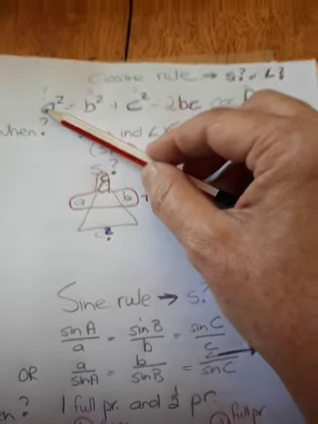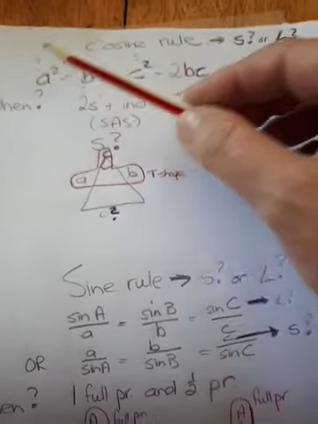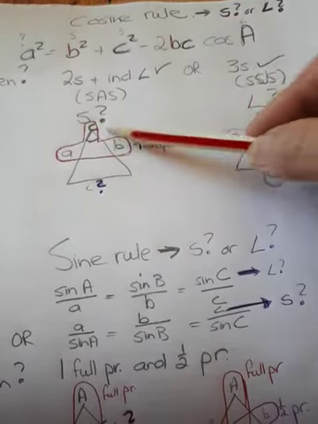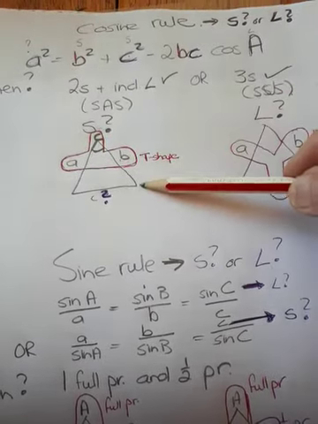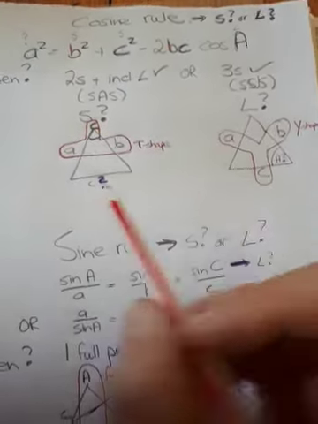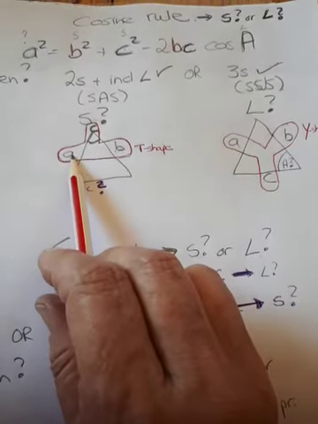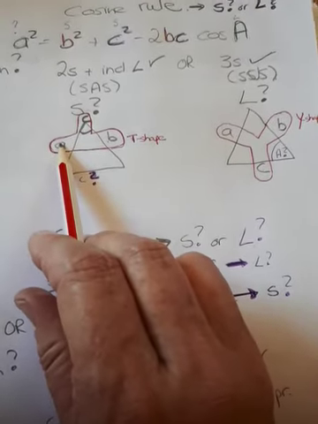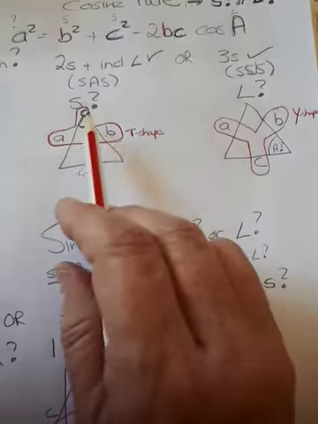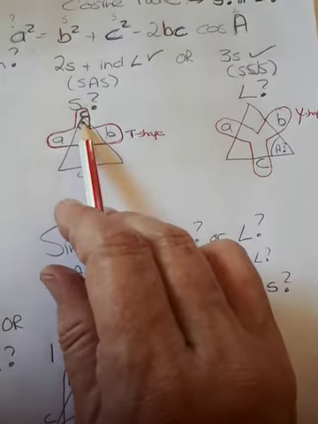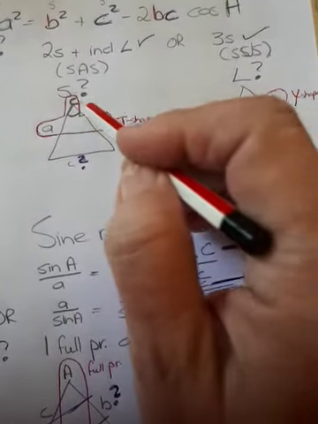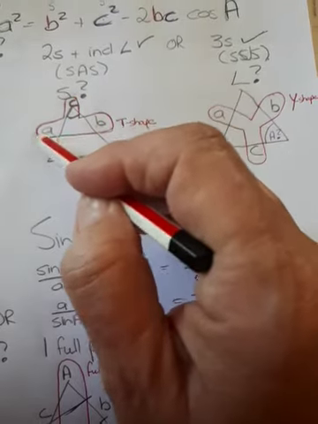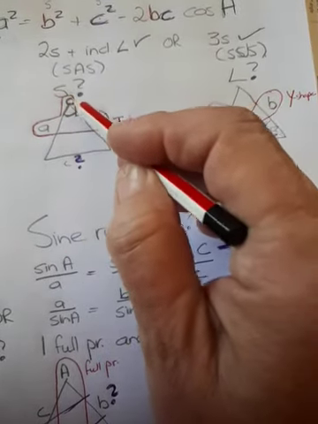All right, so when you are given a question, I want you to make a rough drawing of the triangle and then put in the given information, okay? This side is given, that side is given, and that angle is given. Then the given information you actually circle, okay?